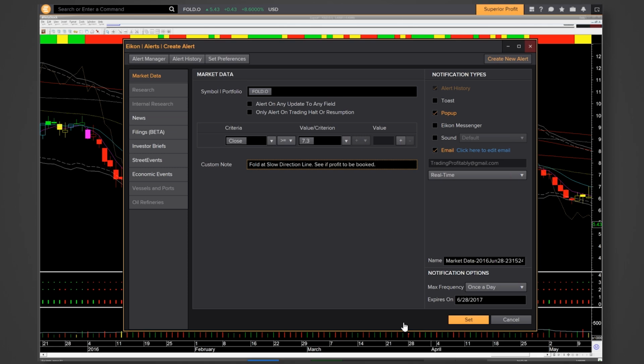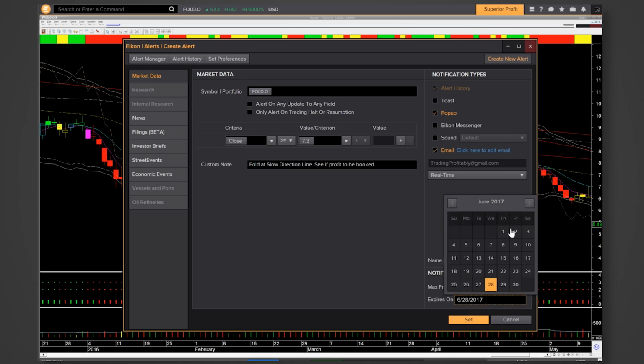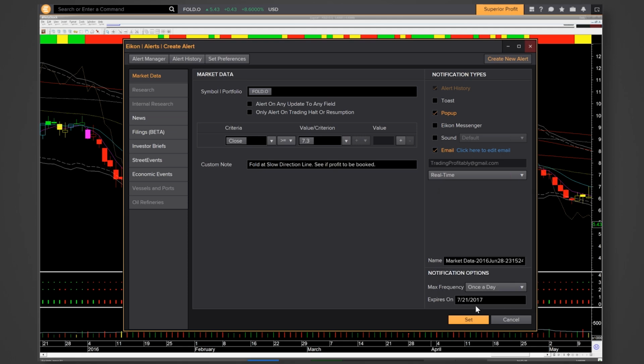So it's useful to put the alert that FOLD is at the slow direction line, so profit is to be booked. And you can say maximum frequency once a day, and expiry. So if I am in an active trade, I just put a future trade alert, and later on, once the alert serves its purpose, I can delete it.